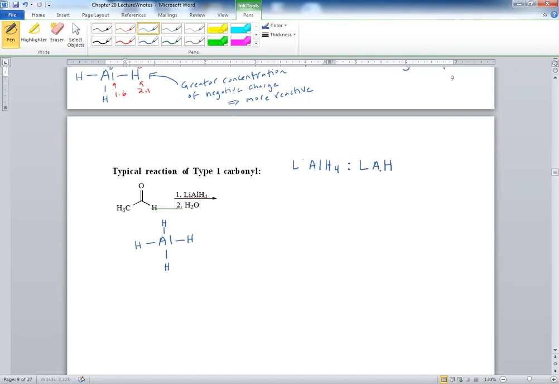If you ever see that, it means the same thing, lithium aluminum hydride. It has a negative on it. Remember, we don't have hydride on its own. We're going to take this hydrogen and its 2 electrons in this bond and make them attack the carbonyl carbon.